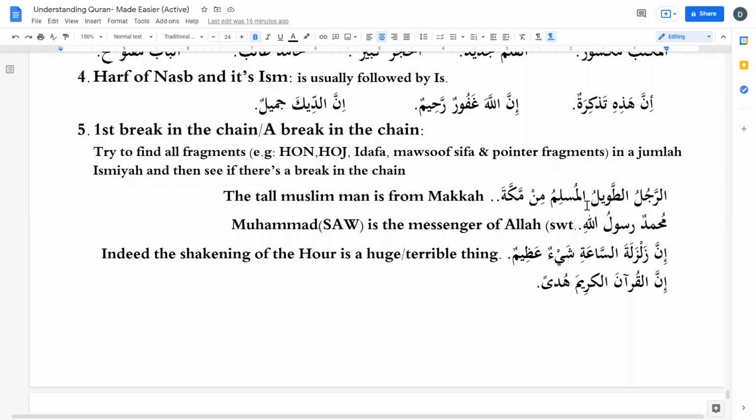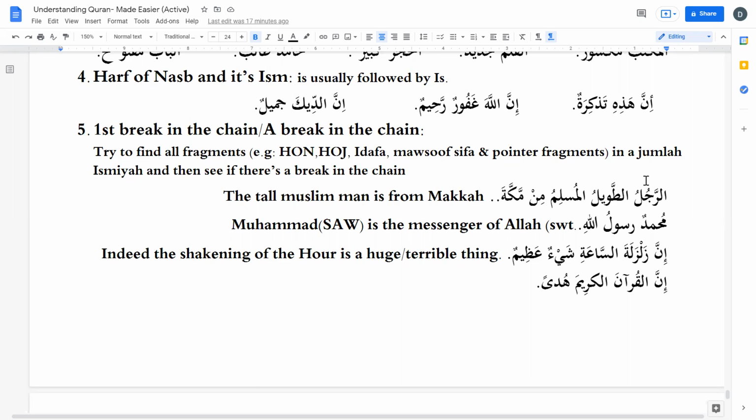And what about al-muslimu? Can it be sifa too? Do the four properties match? Like at-tawilu sifa 1, and yes, you are right.